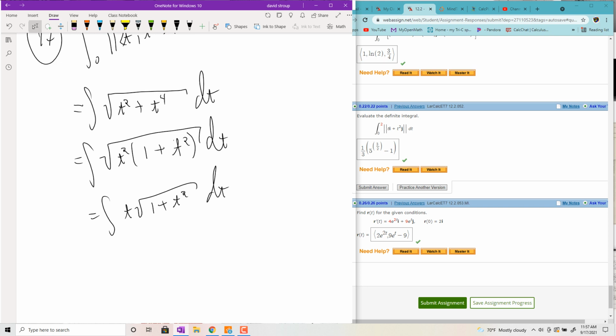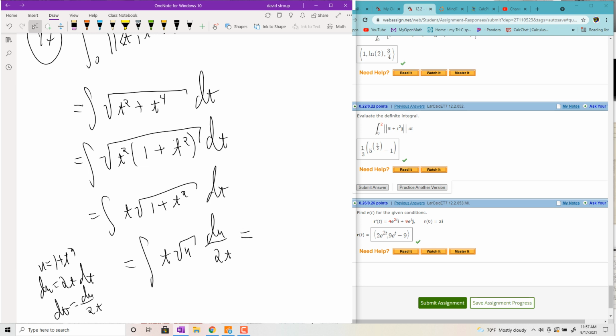And then it's just a u sub for 1 plus t squared. So du is 2t dt. dt is du over 2t. So this will equal the integral of t times the square root of u times du over 2t. T's cancel, bring out the 1/2. Rewrite square root u as u to the 1/2 du. So I'll have 1/2 u to the 3/2 times 2/3.